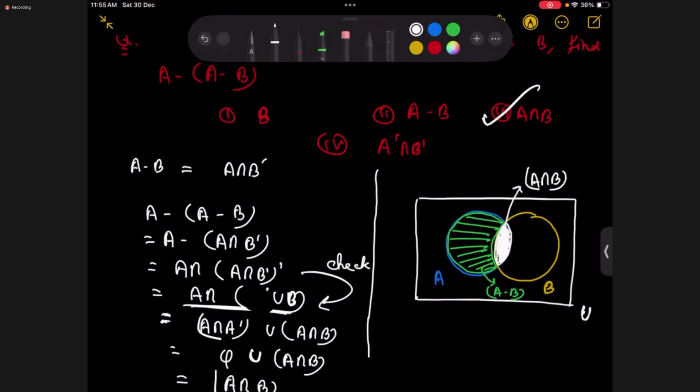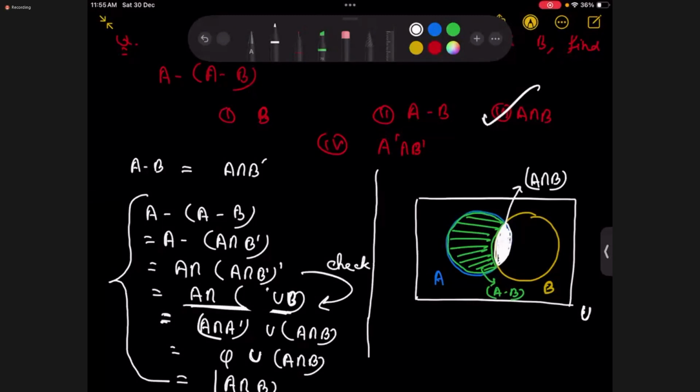So clearly, by just drawing the Venn diagram, we don't need to worry about all these calculations. We can easily see the answer is A intersection B. There are many cases where you need to understand whether it is easy to proceed with the Venn diagram, or to just do the calculation to achieve your answer.